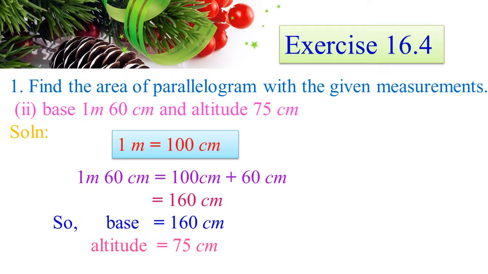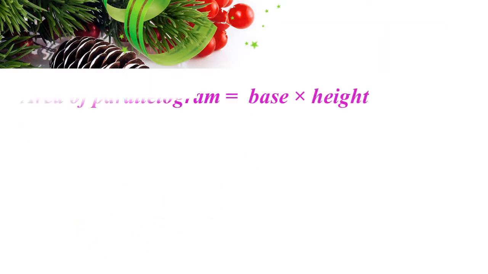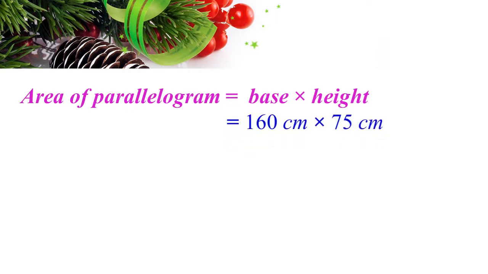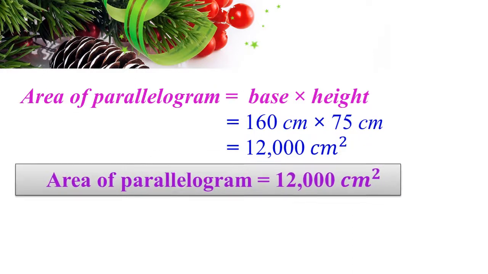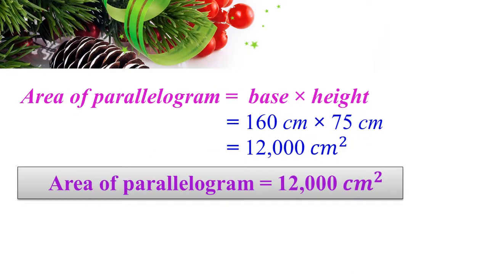Let's find the area of the parallelogram. Area of a parallelogram equals base into height. Base 160 centimeter multiplied with height 75 centimeter. We multiply, we get 12,000 centimeter square. Therefore, area of a parallelogram equals 12,000 centimeter square.